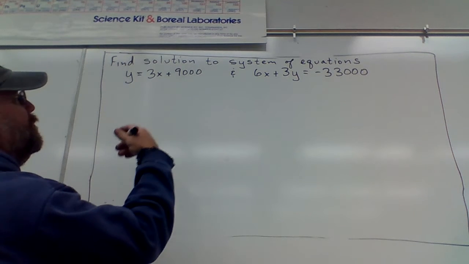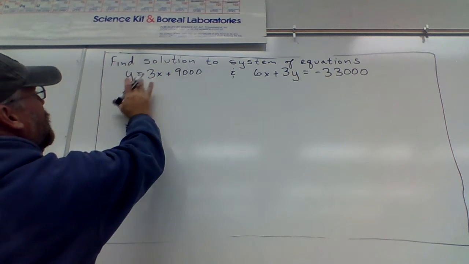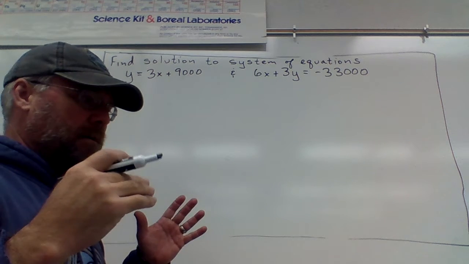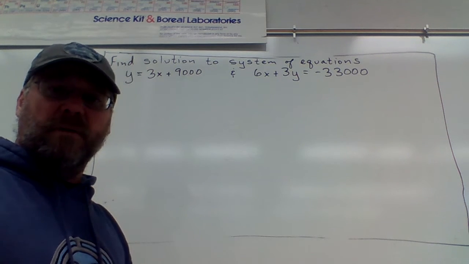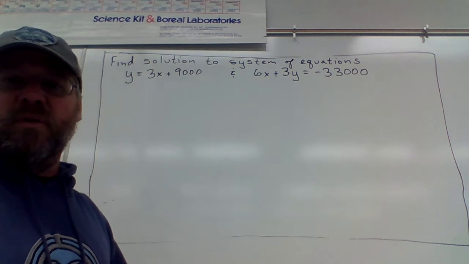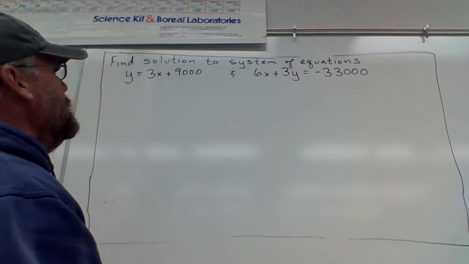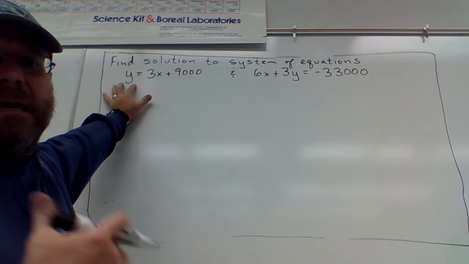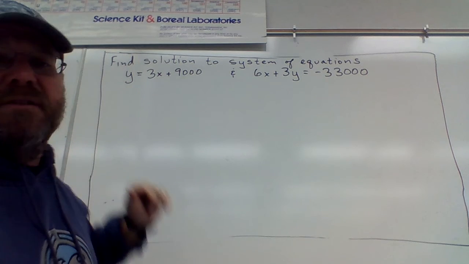So, what we want to do, this one we can leave alone, because basically what you're trying to do is set both of these equal to x or equal to y. Since this is already set up as being equal to y, why not just go with that?